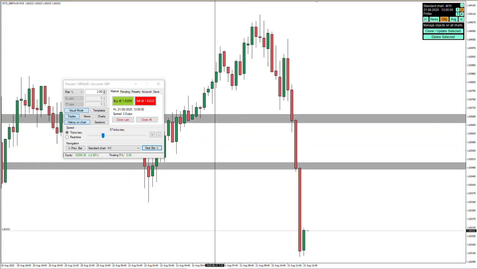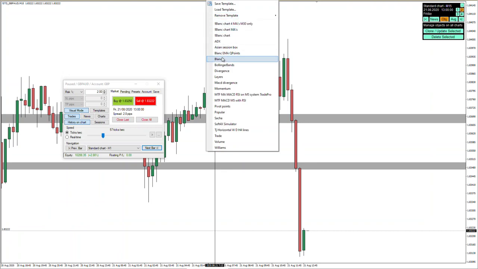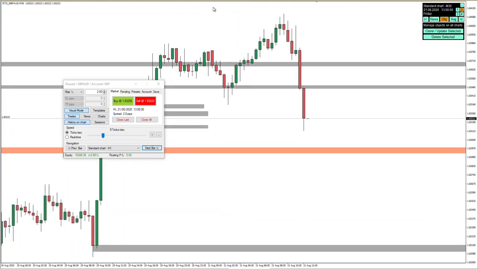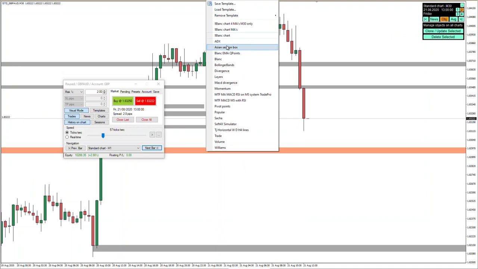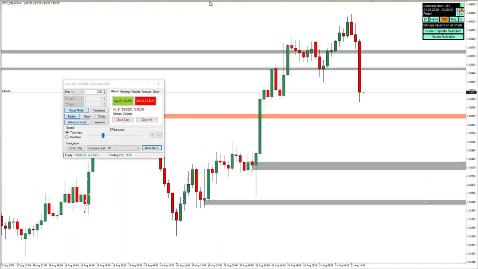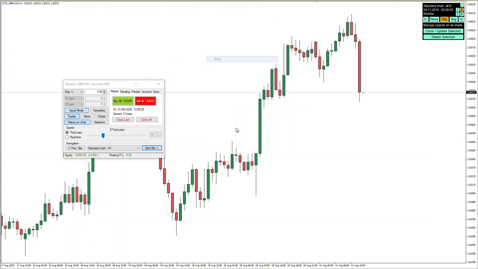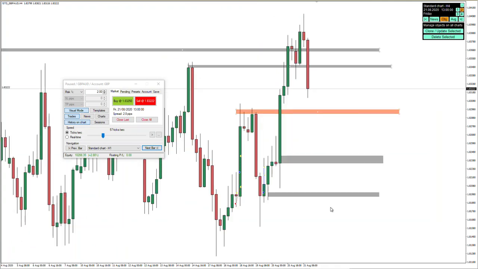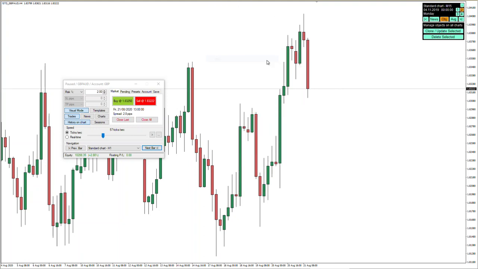Let's remove everything from the chart. Let's update this one. Well, let's remove everything. This is our recent resistance.